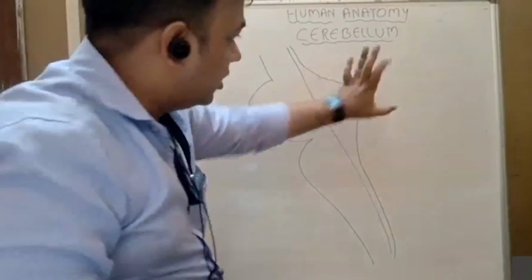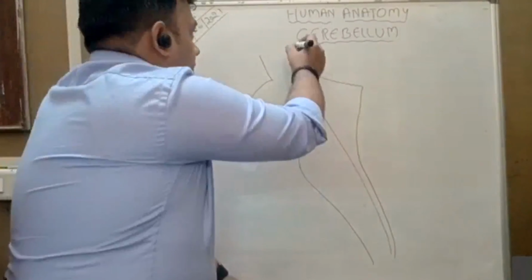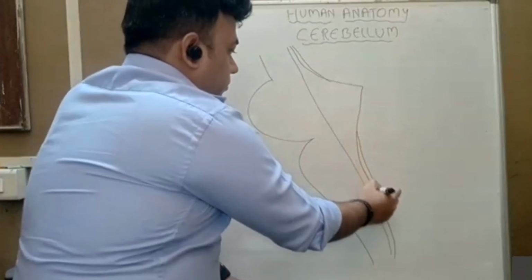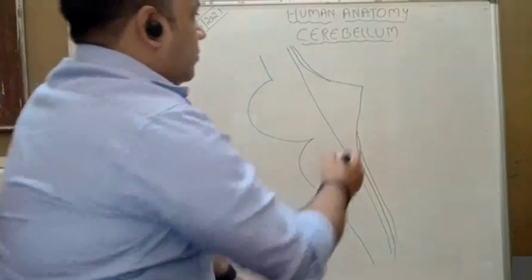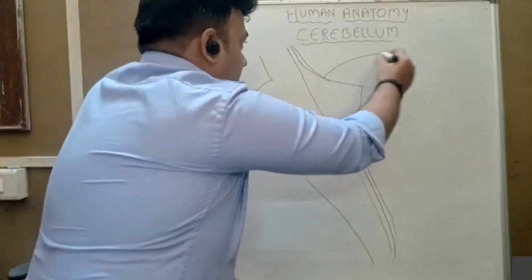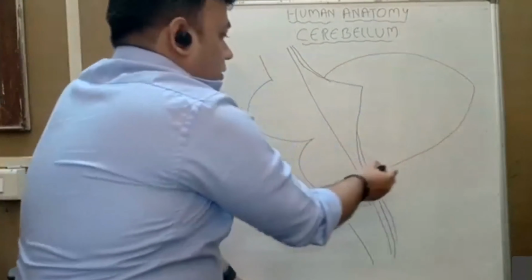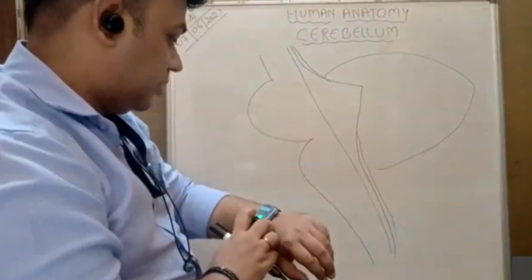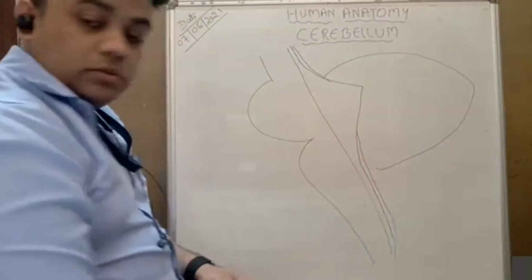Now the cerebellum comes behind this, and this is the superior medullary velum, the closed part of the medulla oblongata, and your cerebellum comes like this. Fine. The cerebellum is coming like this. Just wait.